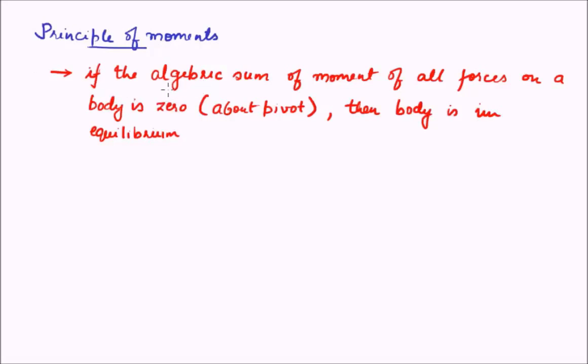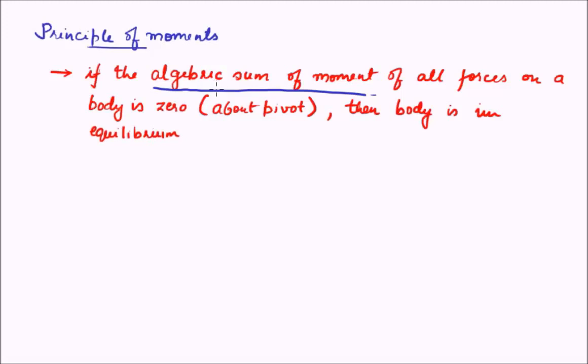But what exactly does algebraic sum of moment imply? The term algebraic implies that we need to take into account whether the moment due to a particular force is clockwise or anti-clockwise.